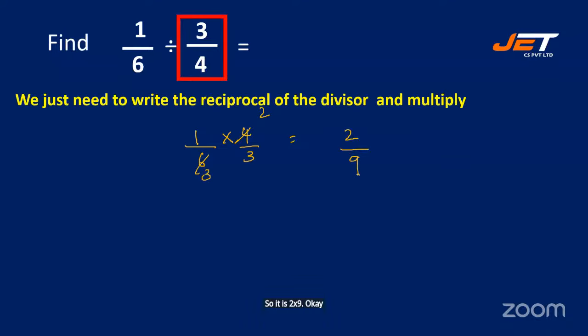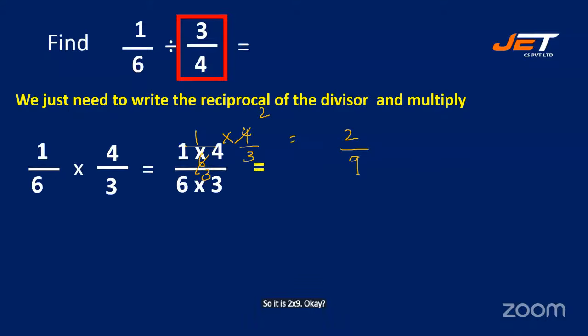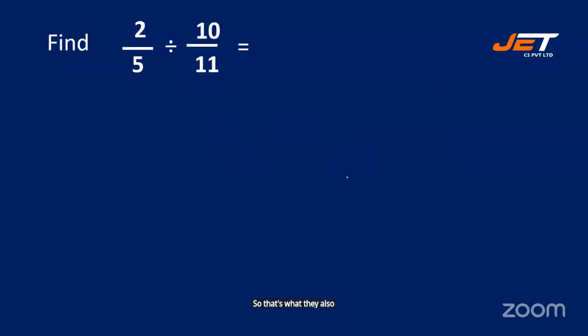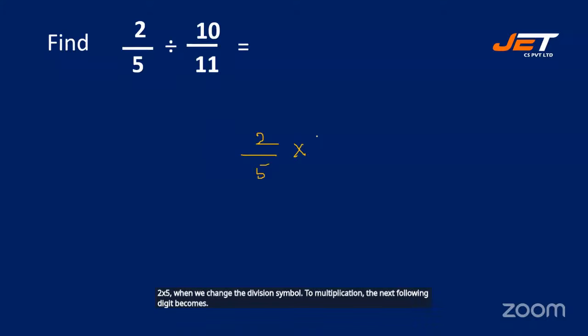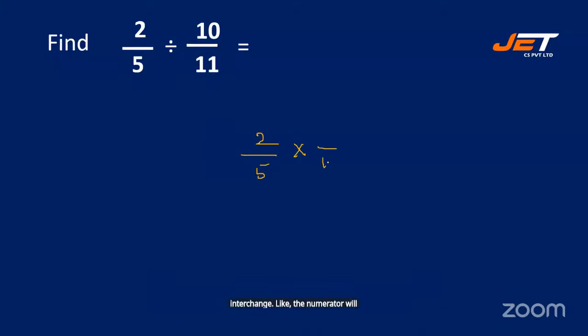Okay. So that's what they also have done, 2 by 9. Right. Now see the next question. 2 by 5. When we change the division symbol to multiplication, the next following fraction becomes interchanged. Like the numerator will become denominator, denominator will become numerator.